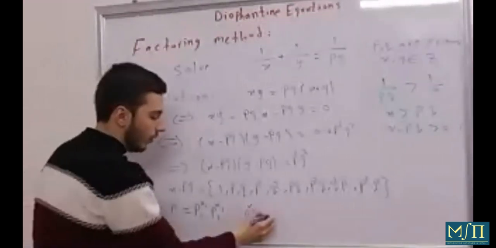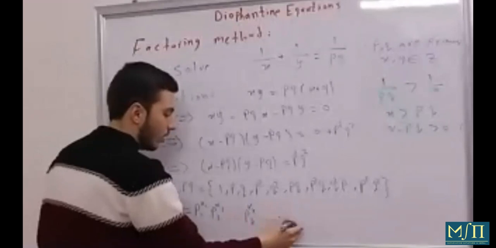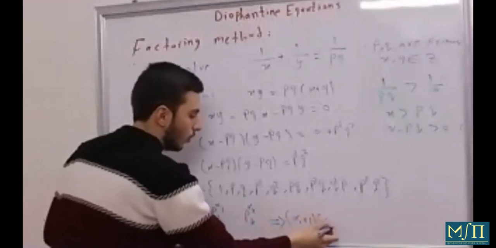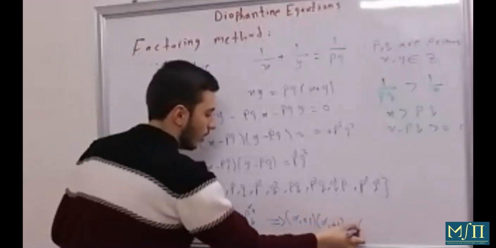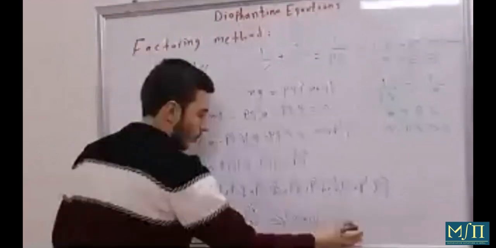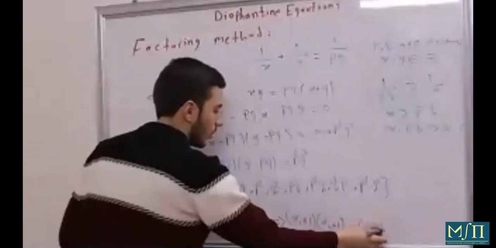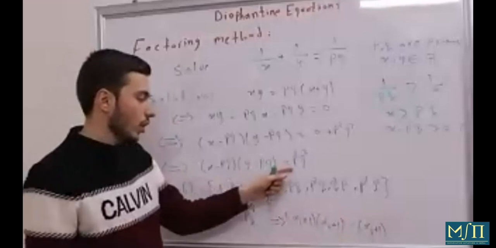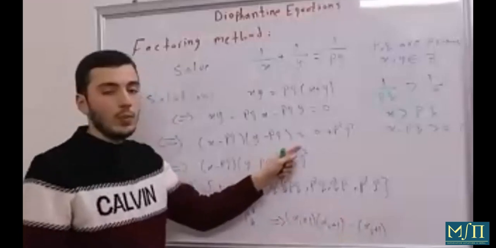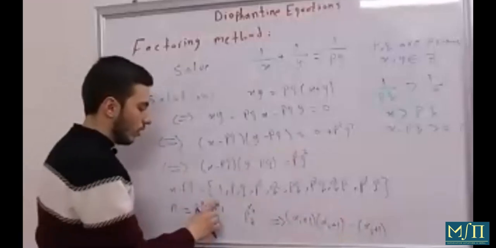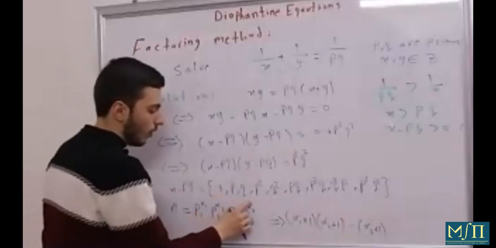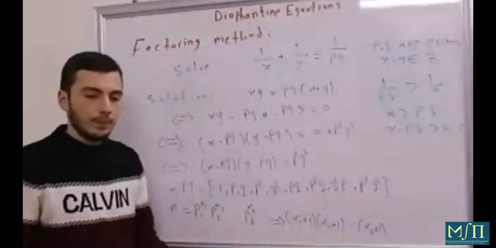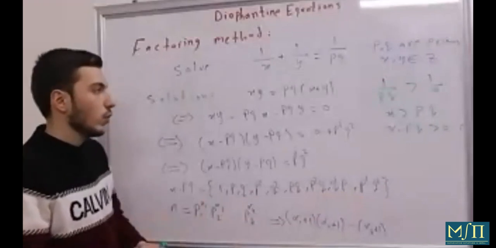Then the number of divisors is alpha 1 plus 1 times alpha 2 plus 1, and we go on up to alpha k plus 1. That's the number of divisors. So here, since we have 3 squared, we have 3 times 3, which is 9. So let's count these: 1, 2, 3, 4, 5, 6, 7, 8, 9. So we did not forget any divisor. Okay, so we have solved this problem.